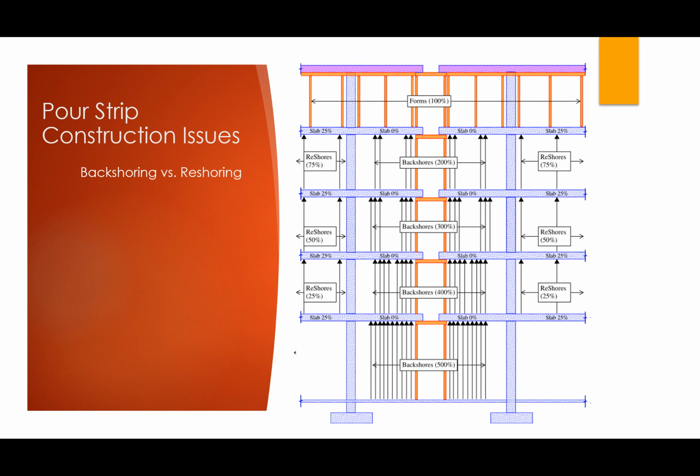And so they're going to be up potentially 8 floors before they ever get to infill even this very first pour strip on the bottom. So you can see this is very burdensome to the contractor and also very, very critical in terms of this accumulated load. Now, this, I don't think, is readily apparent to structural engineers most of the time at the beginning.